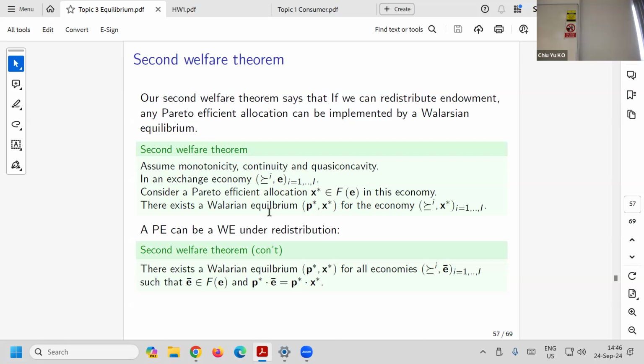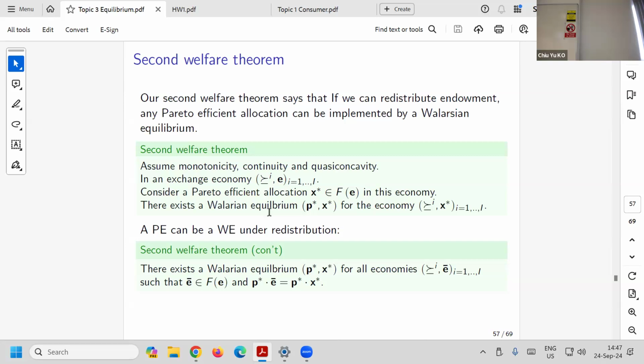That means if you only care about productive efficiency, the market can get it for you, with some suitable redistribution of income, you can move around your endowment.